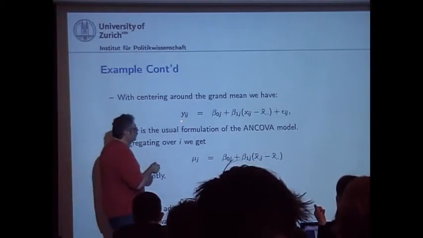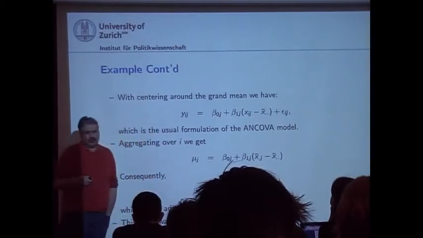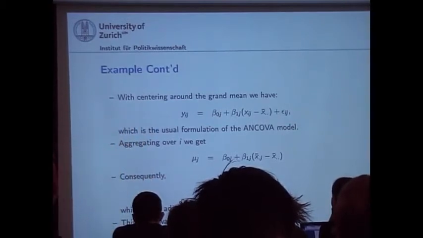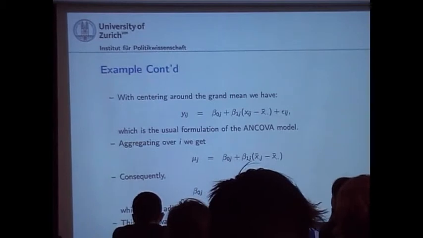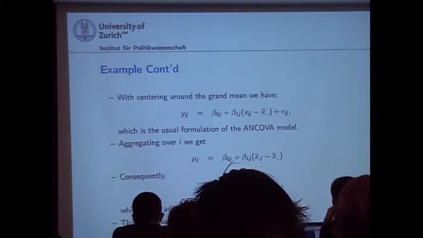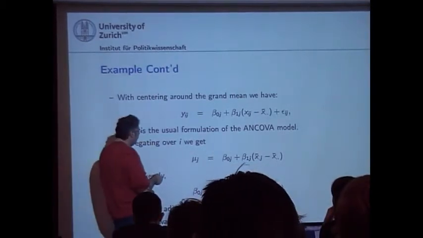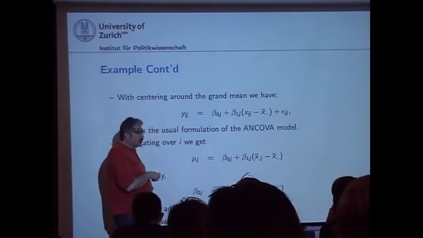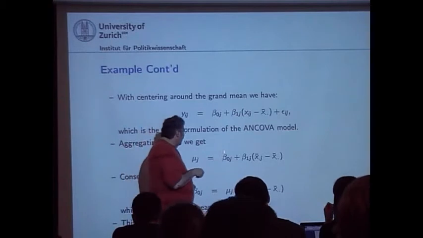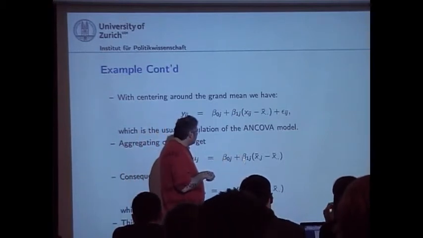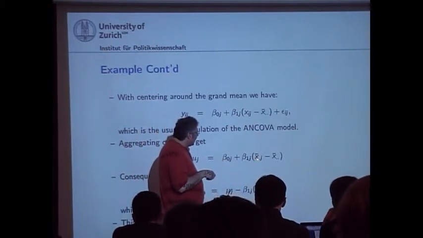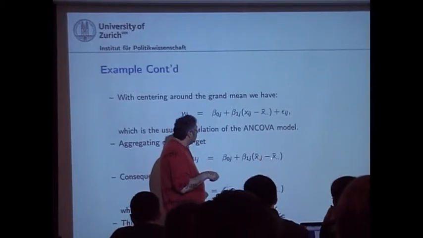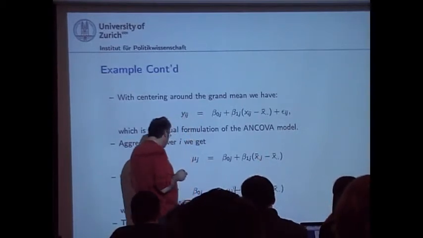Now, that's actually the usual way the analysis of covariance model is formulated. And with this formulation, when we aggregate over i, we get a situation where the predicted mean in group j is equal to beta 0j plus beta 1j times x bar dot j minus the grand mean.